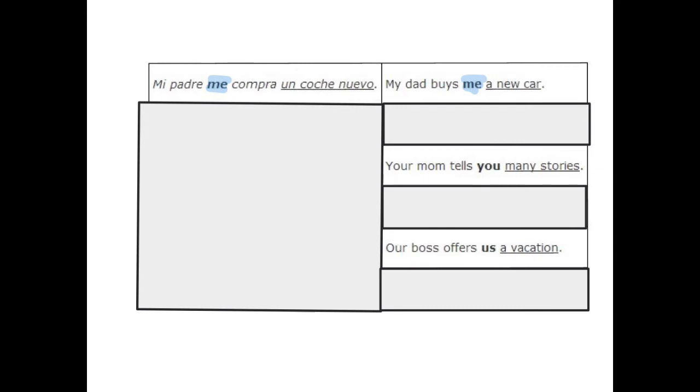And so this is the direct object pronoun, and then this is the verb, and then this is the subject. So as you can see, usually it goes subject, indirect object, verb, and then the thing or the what.